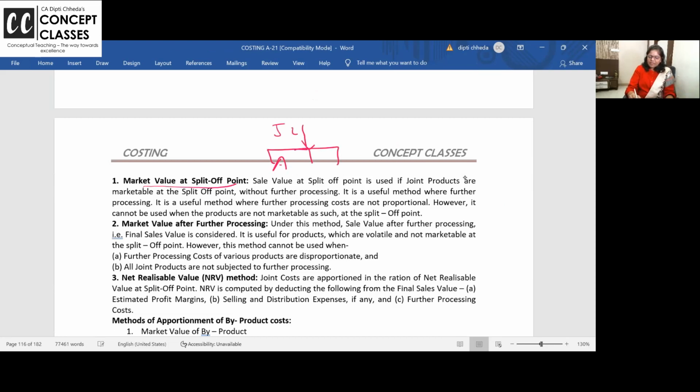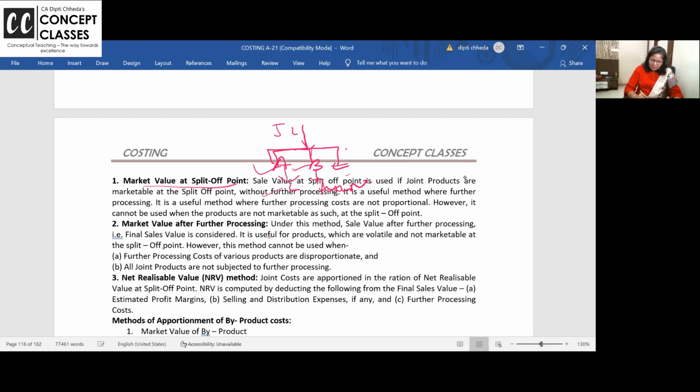You have 3 products, A, B, C. A you can further process into L, M, N. So either you can take the sale value of final products L, M, and N, the final market value after further processing, or you can take the market value at split-off. Just at the split-off, what is the market value of A, B, and C? After further processing, what is the market value of L, M, and N? That will be given to you. So in either of these ratios, you have to apportion the joint cost.